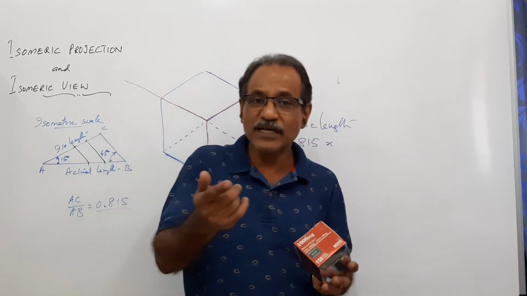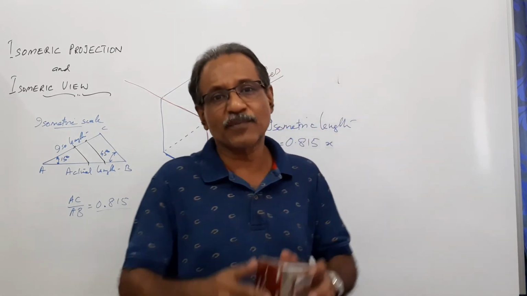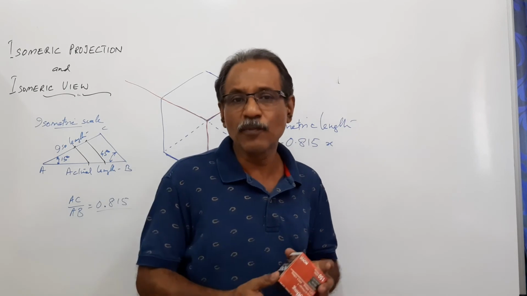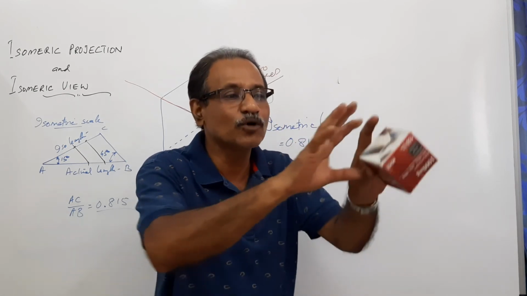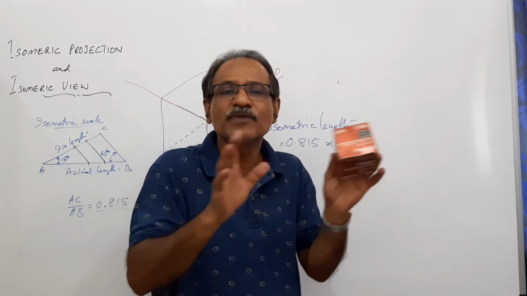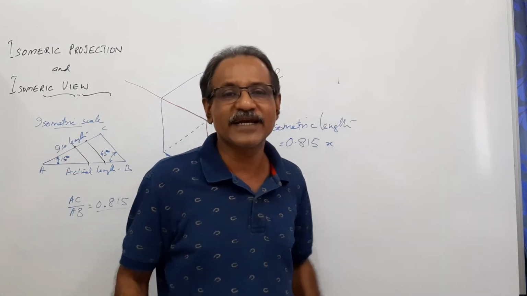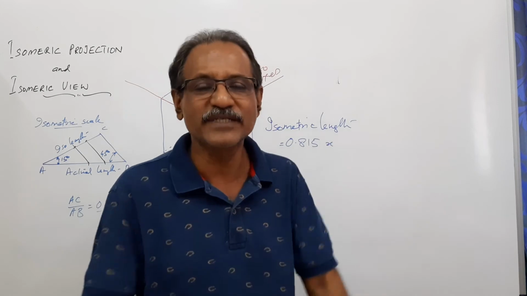Then keep the solid diagonal of that cube perpendicular to VP, and draw the object which is kept inside. Assume the cube is made of glass, ignore the glass cube and draw the object inside. That is called the iso-projection of that object.